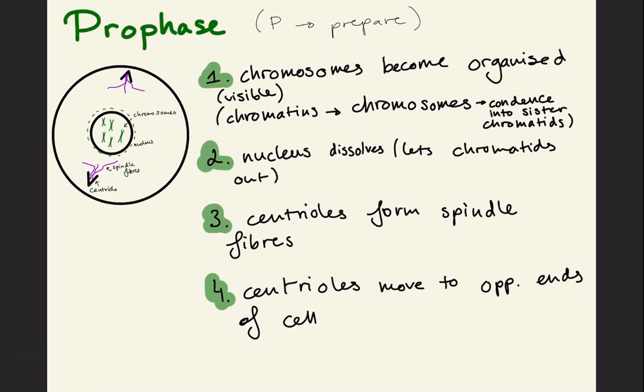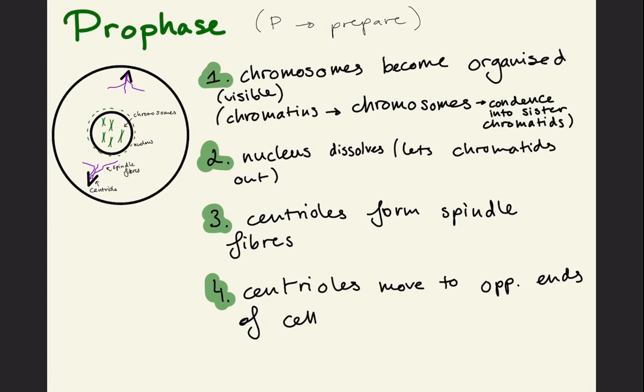Alright, so the first one is prophase, and how you can remember this is that it starts with a P, and the P stands for preparing. So the cell prepares itself for division. So the chromosomes become more organized. Before, they were chromatins. Chromatin is DNA tangled how it is usually during interphase, when the cell just does its normal metabolic functions.